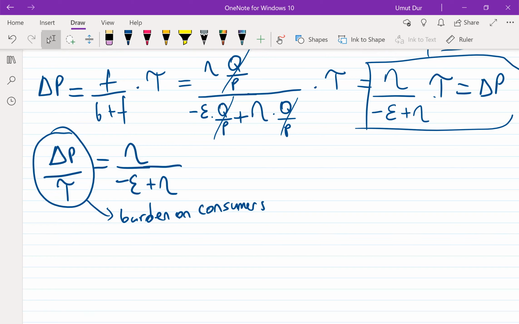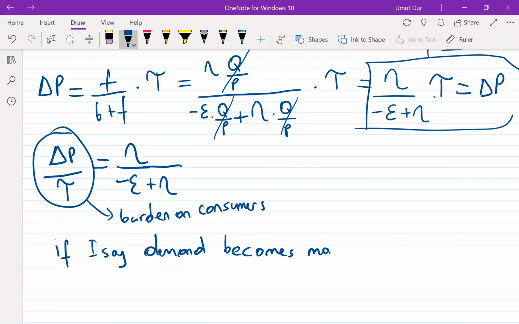And eta, this fancy N, is the supply elasticity. So let's remember, if I say demand becomes more elastic, what do I mean? What happens to epsilon? Does it increase or does it decrease?